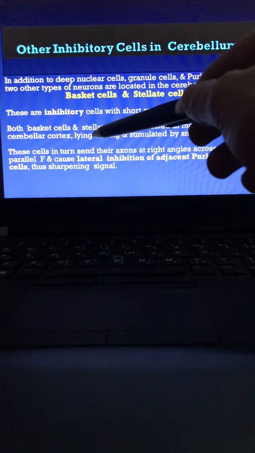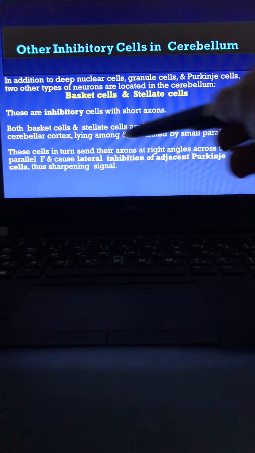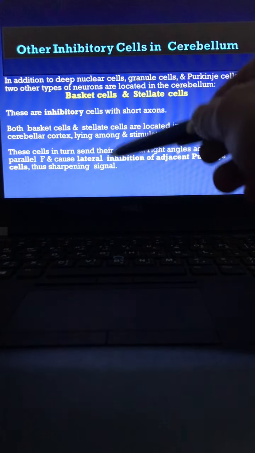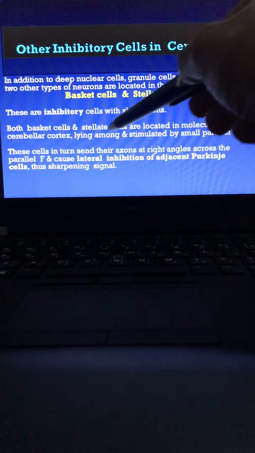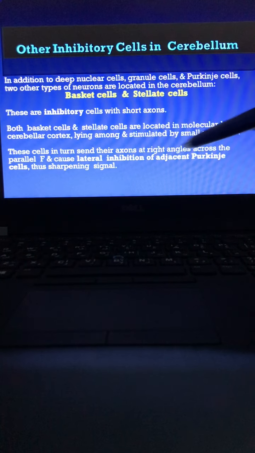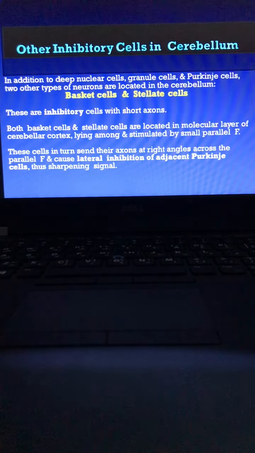These cells in turn send their axons at right angles across the parallel fibers and cause lateral inhibition, the same old principle we saw in the spinal cord. Lateral inhibition of adjacent Purkinje cells thus sharpens signals. Same idea.